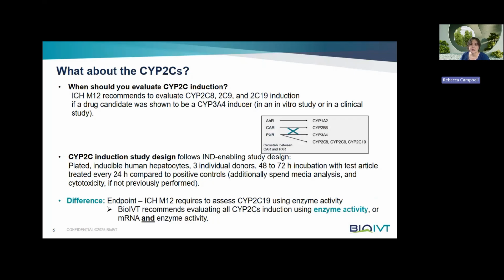With that said, the induction potential is typically lower for the 2Cs than for CYP3A4, and we often recommend using enzyme activity to assess the induction of the CYP2Cs to obtain more reliable results with the 2C positive control. This is especially true for CYP2C19, where activity is actually required by the ICH M12 because of an industry-wide known issue with CYP2C19 mRNA and the positive control response.